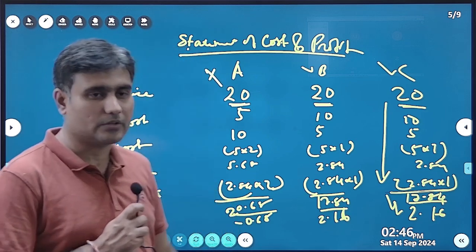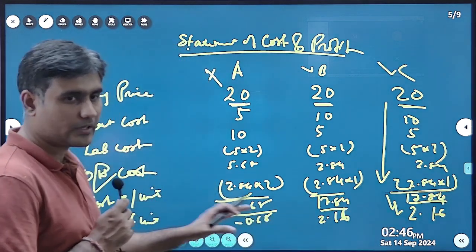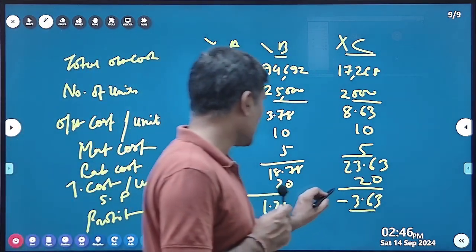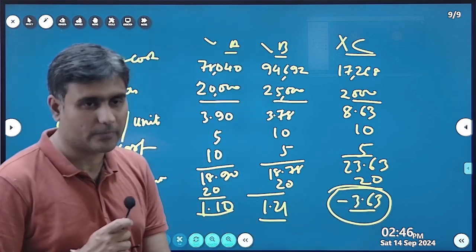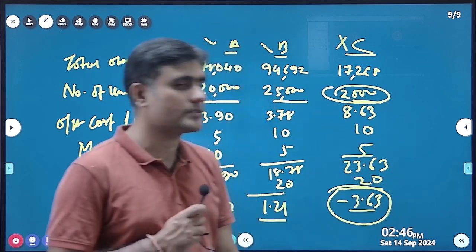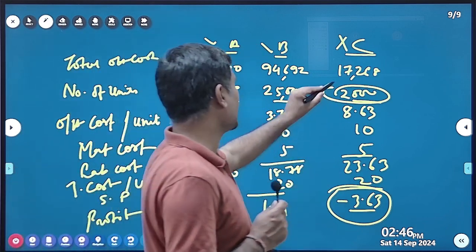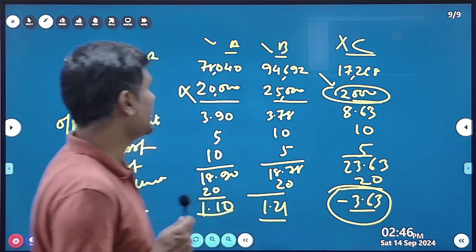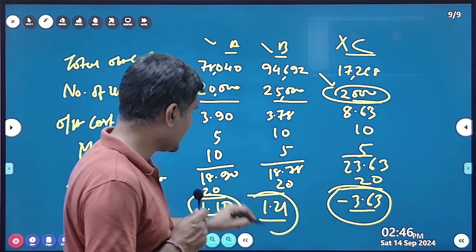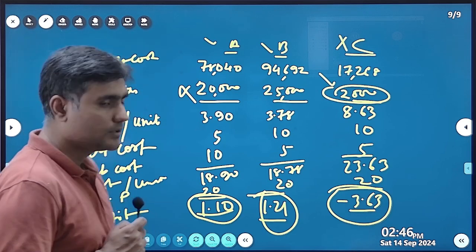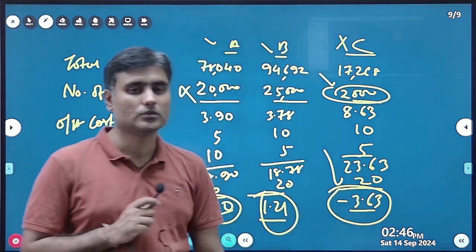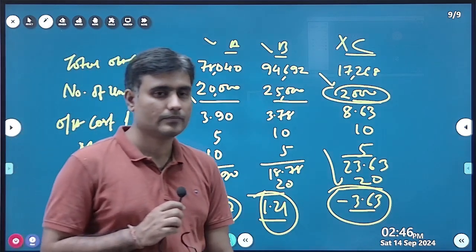But when we use activity based costing and drill down, we come to know that it is actually a loss making item. Only because the volume was only 2,000, traditional costing showed it as profit making, whereas A was shown as loss making. However, A and B are both profit making and only C is loss making. So the company should decide whether to continue with C or stop its production, right?